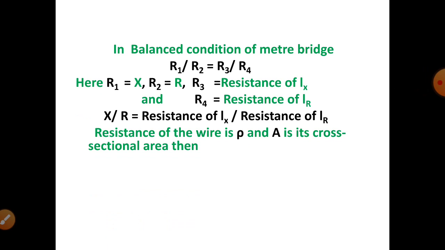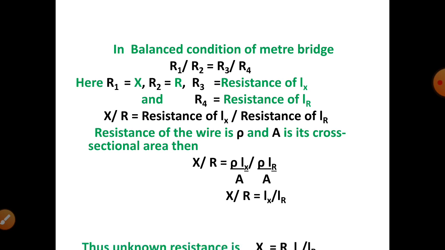If the wire has cross-sectional area A and is made up of a material having specific resistance rho, then X upon R will be equal to rho Lx upon A divided by rho Lr upon A. A and rho will get cancelled. So we will get X upon R is equal to Lx upon Lr.